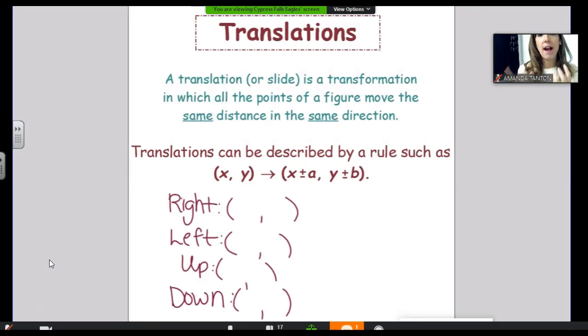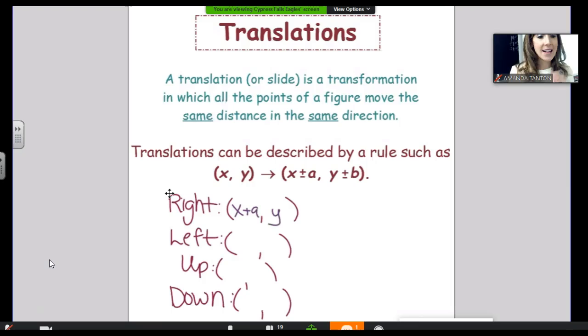So if we want to travel right, is that going to affect the x's or the y's? X's. Yes, very good. So it's going to affect x in the positive way. So we're going to have x plus a number, comma, y. We're not going to change the y at all if we're trying to travel to the right.